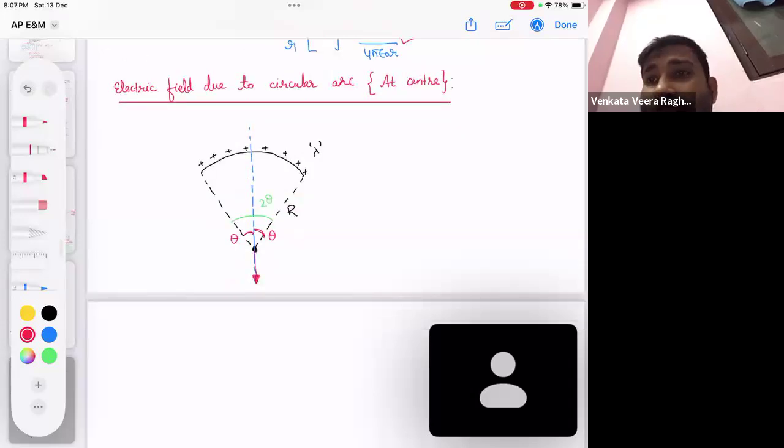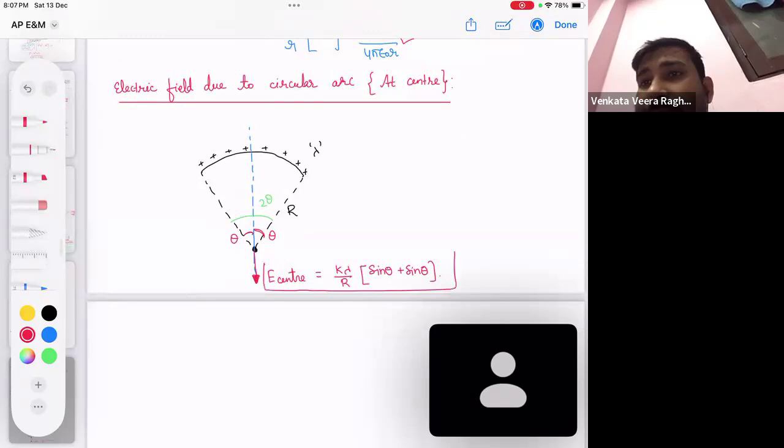always along the angle bisector line. And how much will it be? The field is going to be k lambda by r (sin theta plus sin theta). Clear? Please tell me, is this part clear?